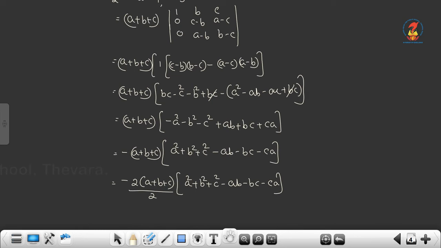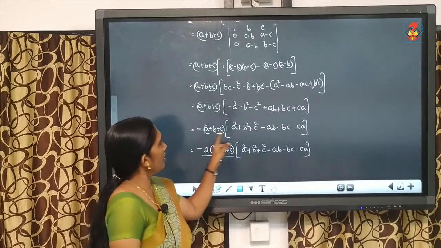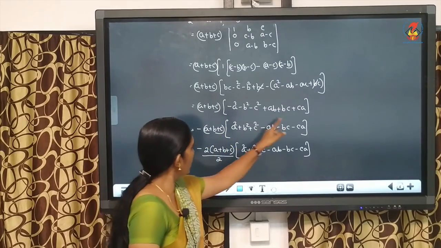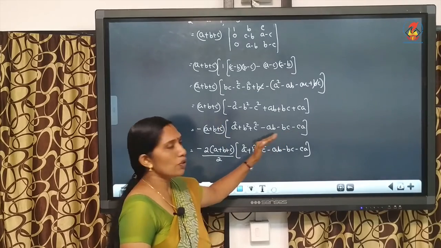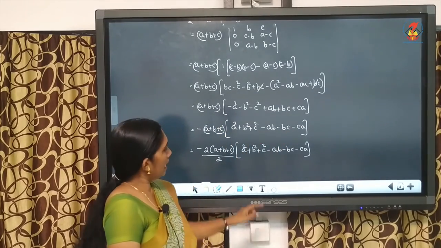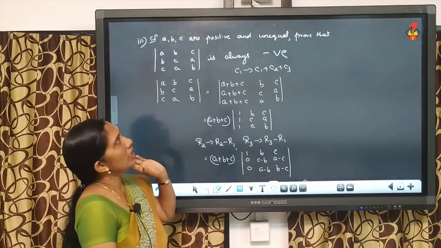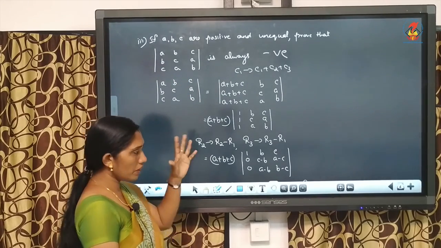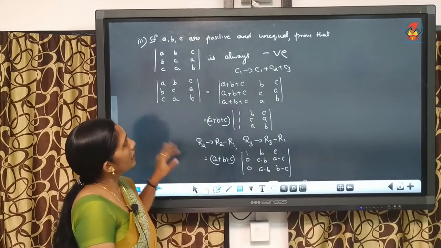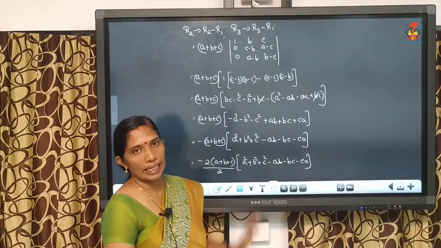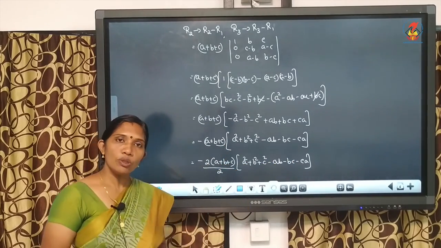From this, look here, we get negative, but we can't say that it is always negative. Negative sign is there, but we don't know the value of the second bracket. a, b, c are given as positive and unequal. So the first bracket is positive, but about the second bracket we are not sure whether it is positive or negative. So again we have to simplify.